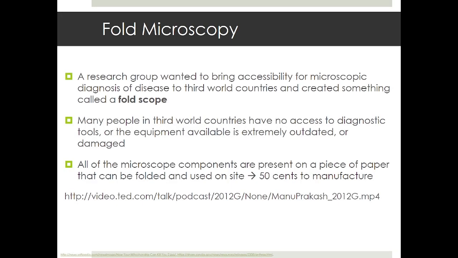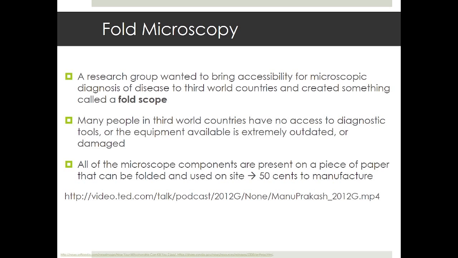One of the biggest problems with microscopes is, number one, they're quite large, and number two, they're quite expensive. So if you can imagine different areas of the world that might not have access to funding or the ability to use these types of equipment, there are many efforts to bring microscopy to all parts of the world, and one of these things is Foldscope microscopy, which is a really cool initiative where you can actually get a cardboard microscope that you can fold up, and it allows you to magnify things.